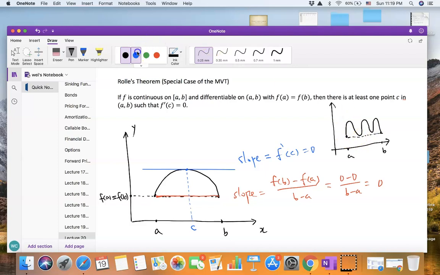So in this case, we can find more than one point on the curve. One is here, and here, here, here, here. So we can find 5 points, right? Okay. So this is Rolle's theorem.